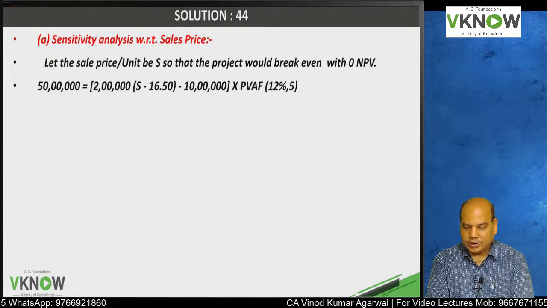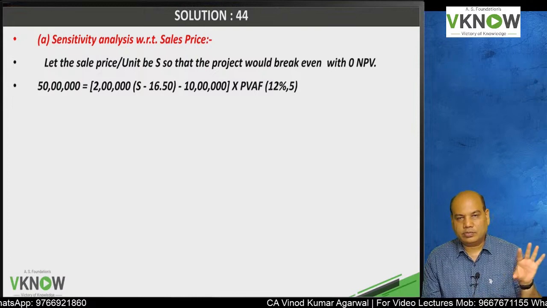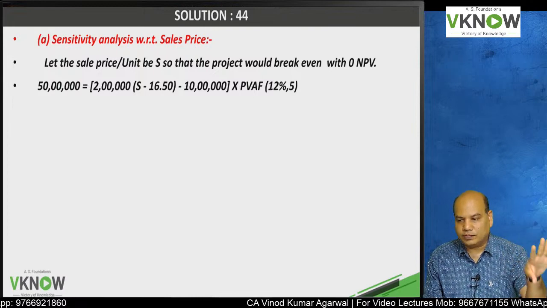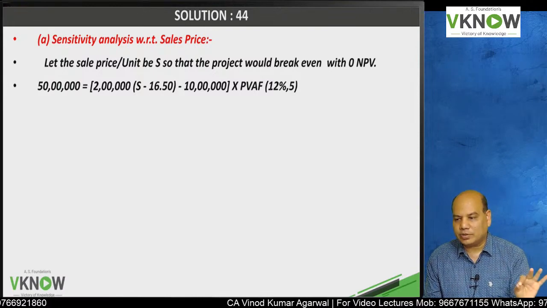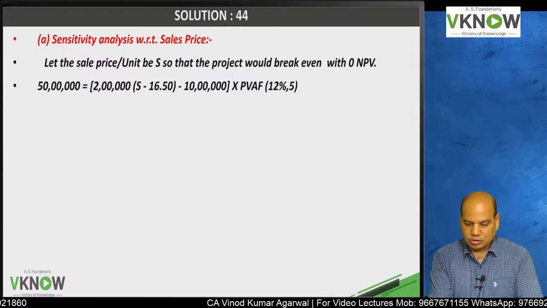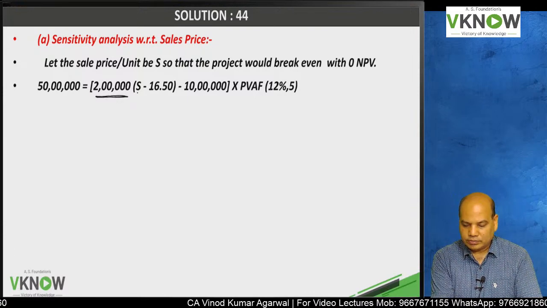Now I am going to write an equation. The PV of cash inflow should be 50 lakh, 50 lakh on the left side of the equation. Quantity sold 2 lakh.